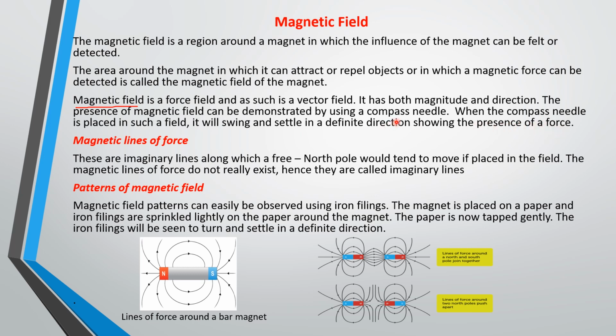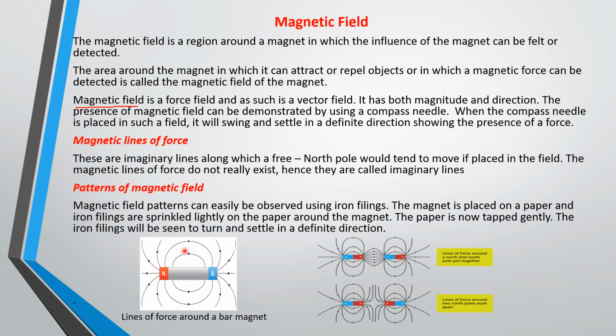So we also have what is called magnetic lines of force. If you look at the picture, you will see some lines with arrows. These are called magnetic lines of force. These lines of force are not seen. You cannot see them with your eyes, so they are also called imaginary lines.